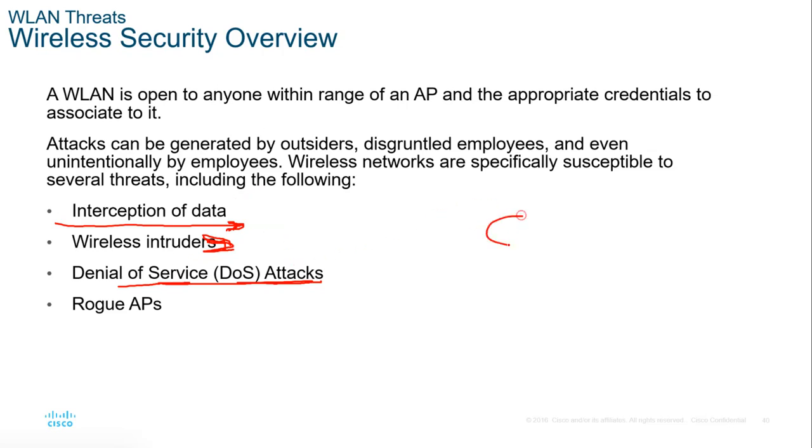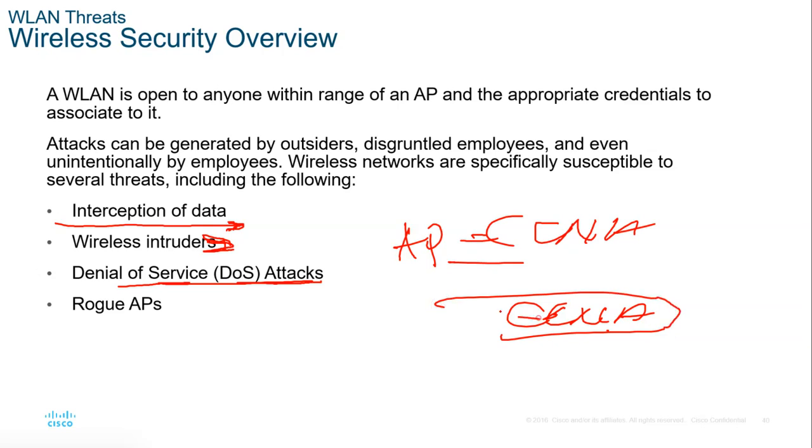You have a Cisco access point, and then someone creates a rogue one and simulates the exact one. You assume that you're connected to the real one, but you're connected to something different. Whatever passes through that rogue AP, it is easy for that person to intercept and check exactly what you're sending.